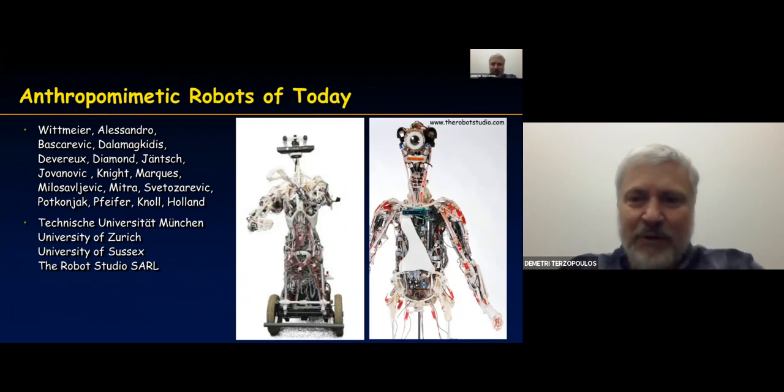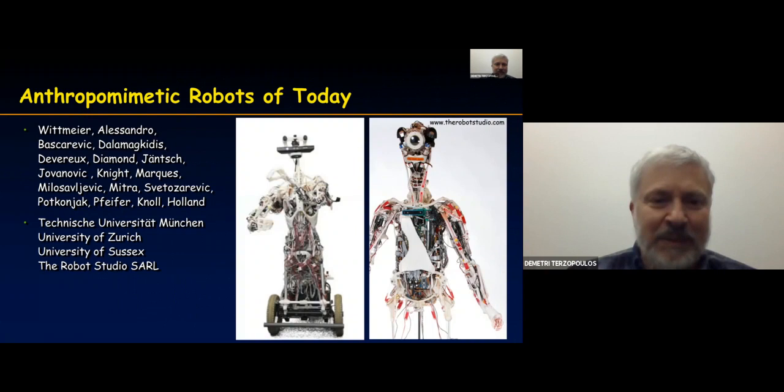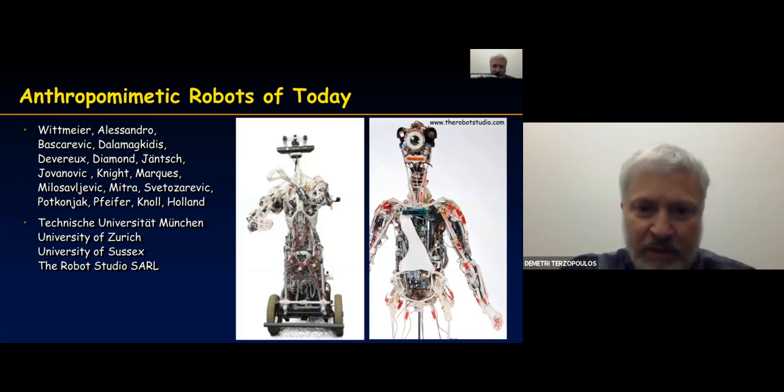Very few of them can actually walk or balance. Those that do are complex, just like these ones over here are very complex. They're usually not operating very well. They need adjustments and all of that.